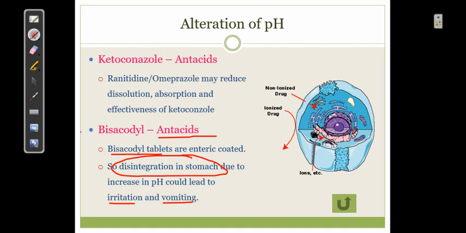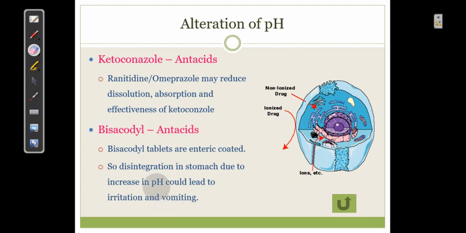I took a tablet for constipation, and because of this tablet I am having severe vomiting as a side effect. Sometimes the patient will not come back to the physician, and will start consulting another physician, who may not be aware. Otherwise bisacodyl normally does not lead to severe vomiting, but if you give it with an antacid, it may lead to such a situation. So such a combination should definitely be avoided.